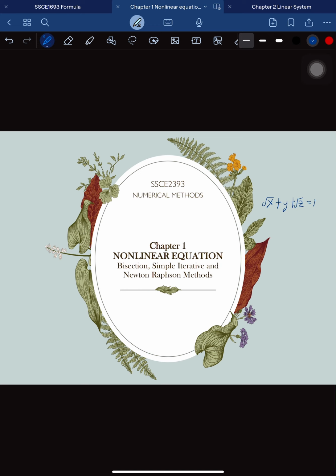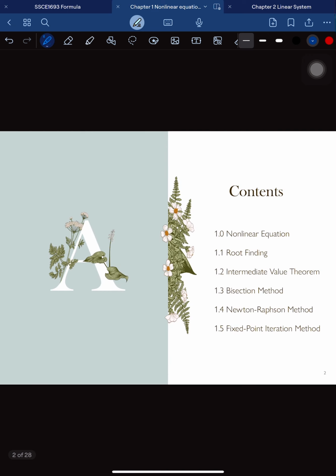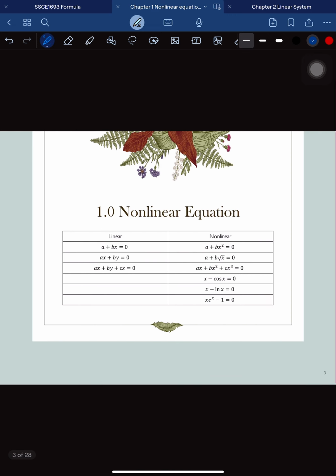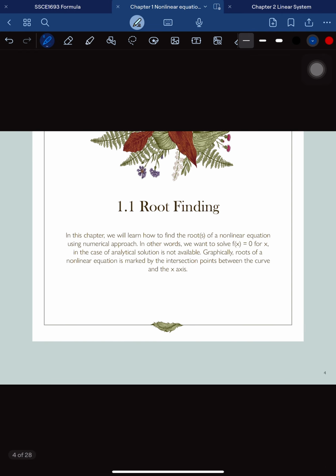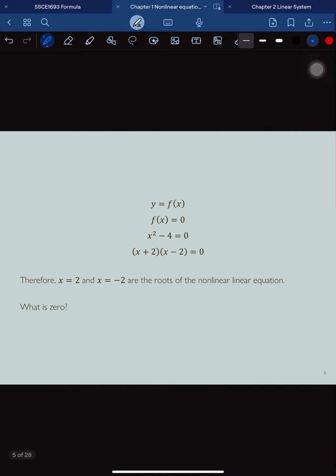So this is all the subtopics that we need to cover in this chapter. I have mentioned just now the difference between linear and non-linear equations. For the first subtopic, root finding, let's say we have the equation x squared equal to 4.